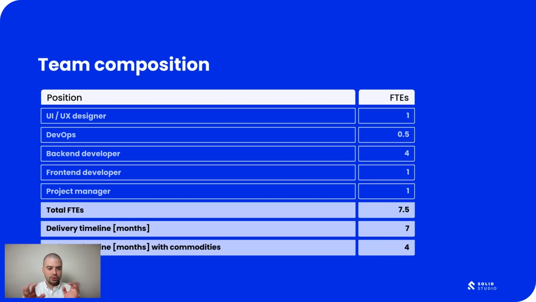If we want to put this from the team perspective, if we set up the team that can deliver the software as a full development lifecycle, so we are talking about business intelligence, UI, UX design, project management, DevOps, front-end, back-end development, we can see that with 7.5 FTEs, the time to market can be 4 months when using the commodities, or 7 when building things from the scratch.